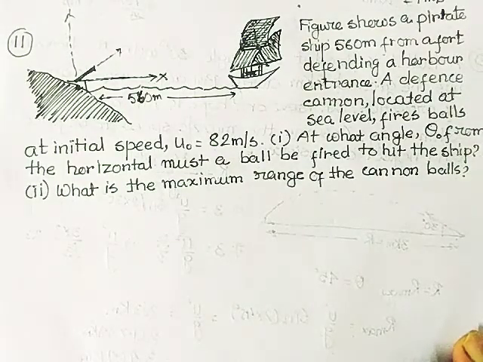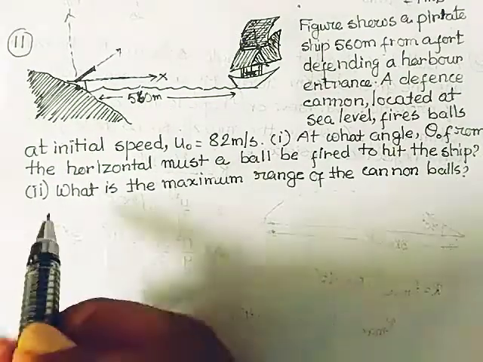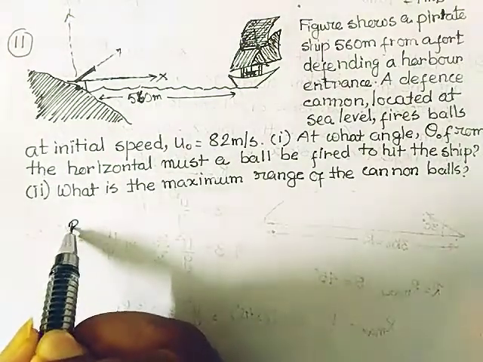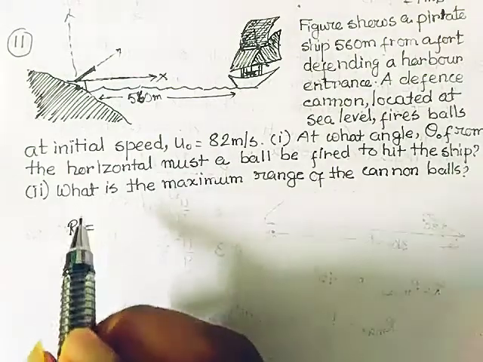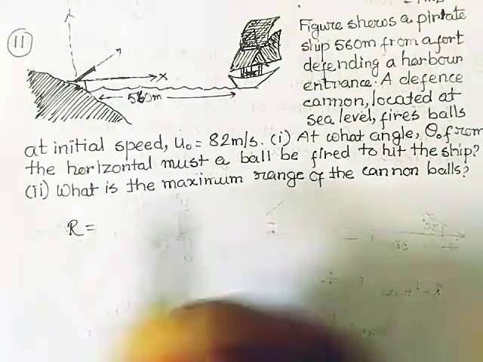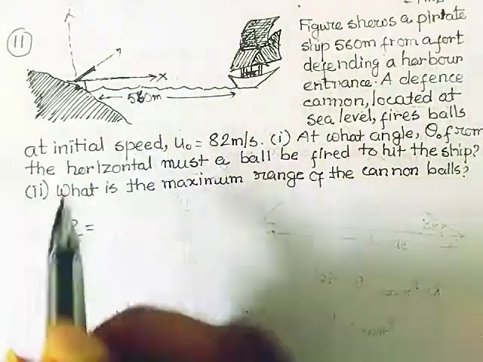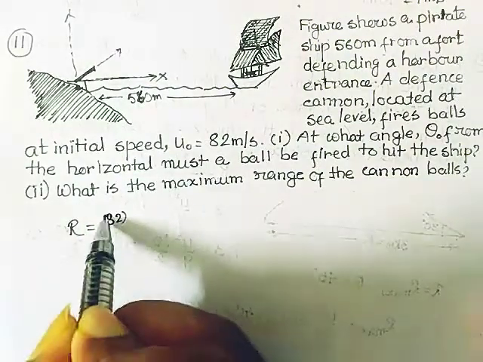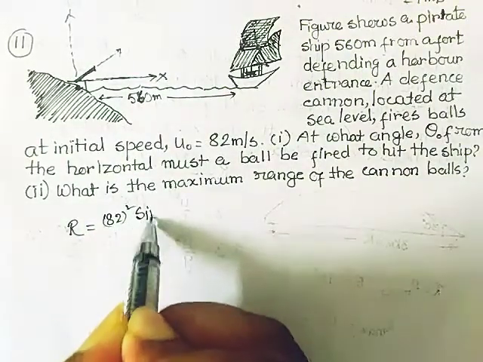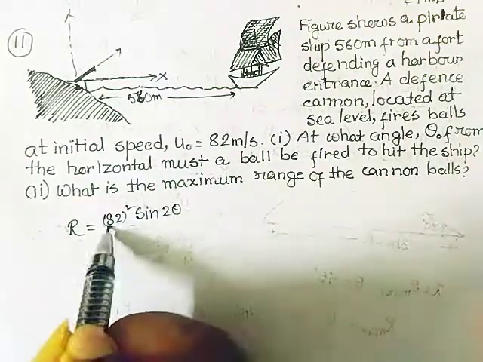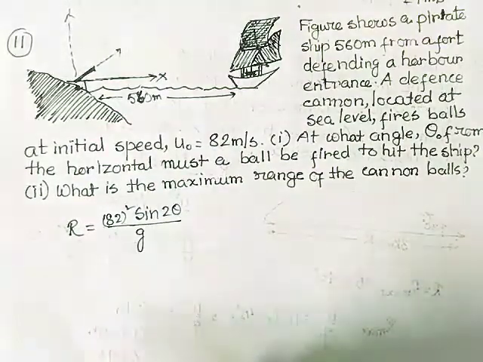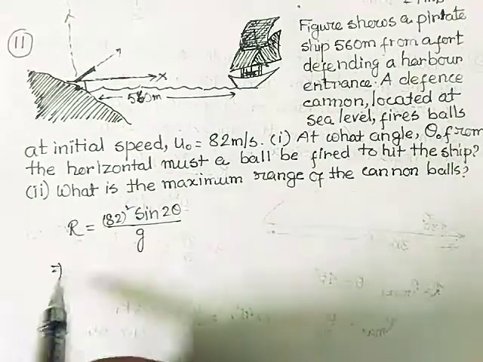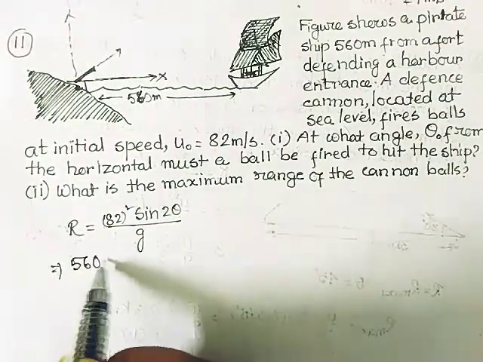So here the range is constant, that is 560. So it is 82 square sine 2 theta divided by g. The value of R is 560.